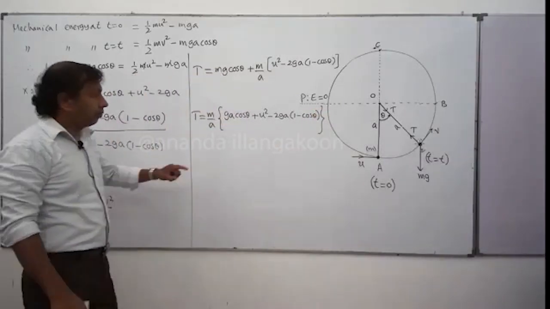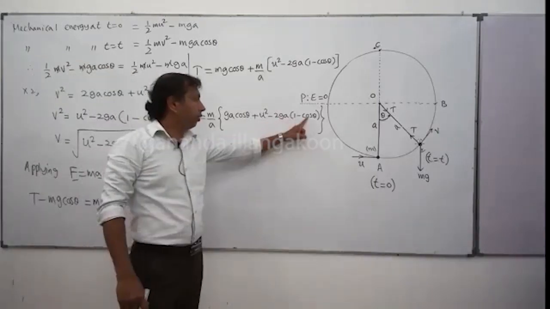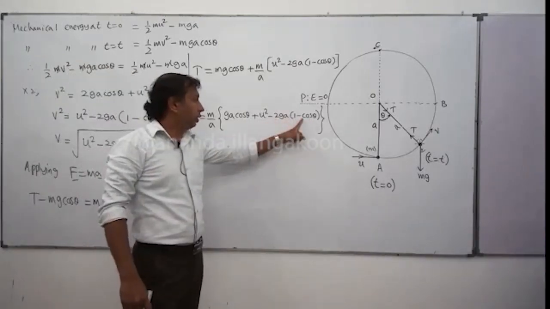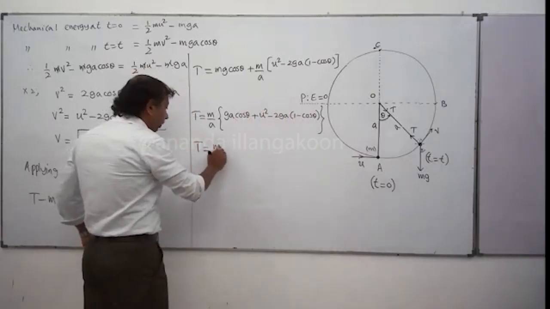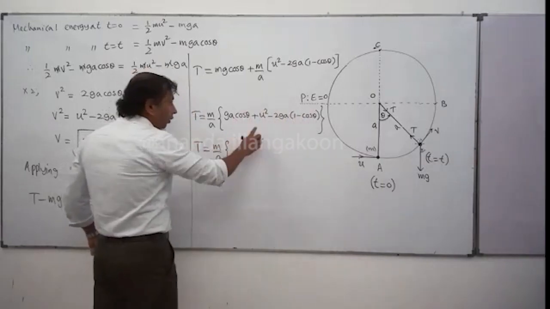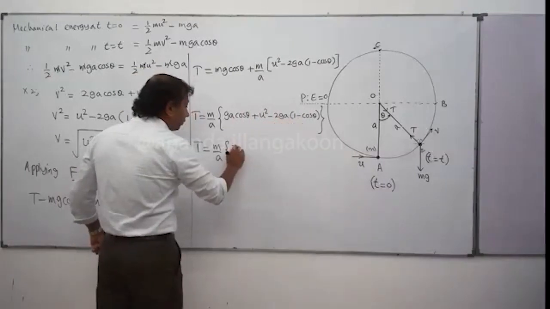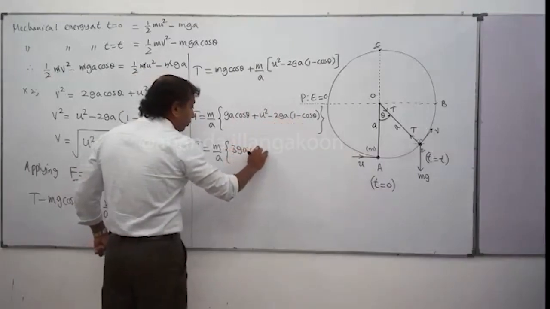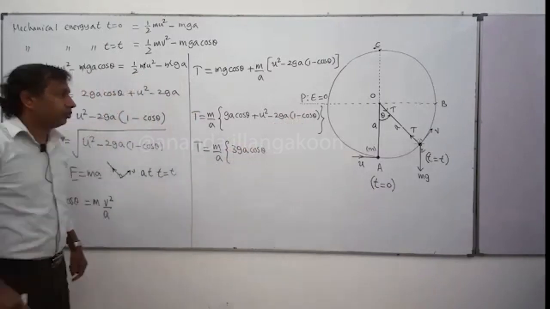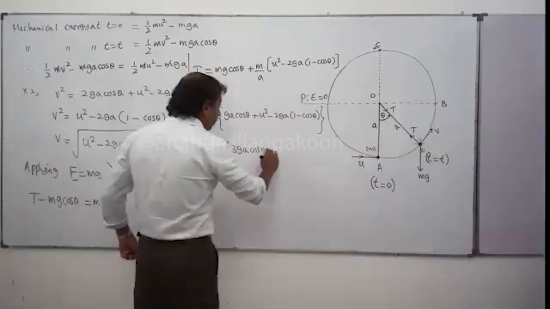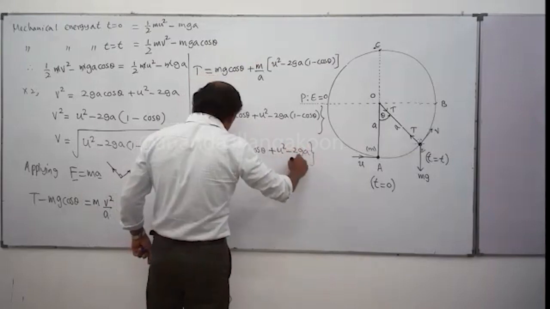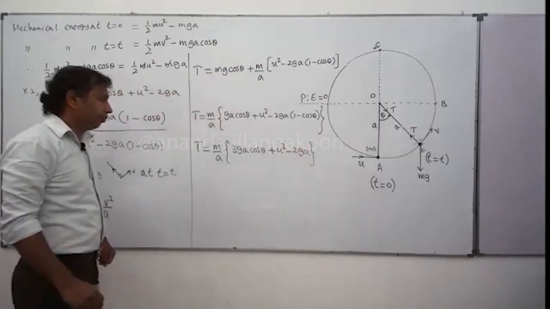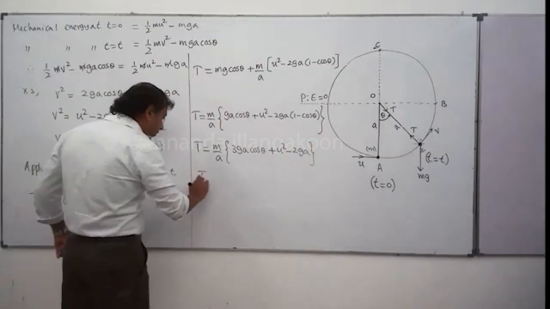Then we get minus 2gA, minus cos theta is plus 2gA cos theta, and this gA cos theta makes 3gA cos theta, plus u squared minus 2gA.